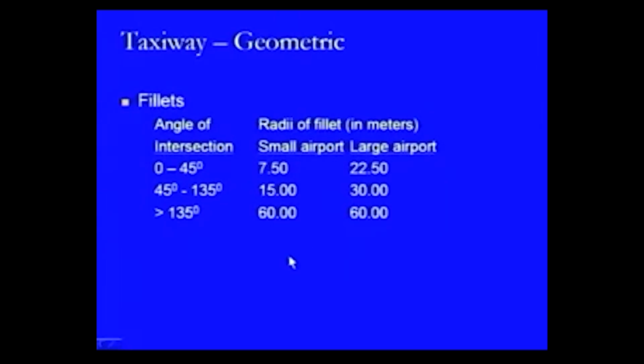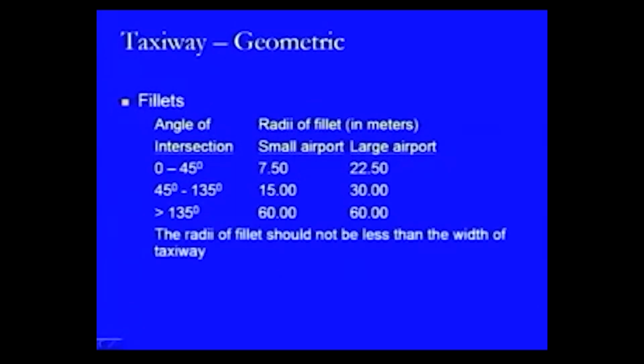Then if the angle of intersection becomes more than 135 degrees, the radii of fillet is 60 meters for both small and large airports. This radii of fillet should not be less than the width of the taxiway. That is another thing to be considered.